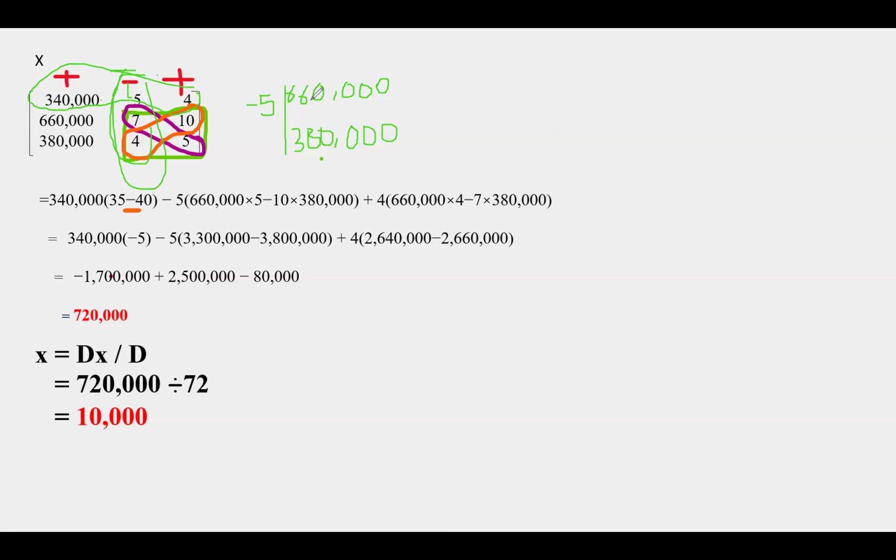So we have 660, 380,000, and 10 and 5 here, which we have here. Remember, it's major minus minor. Okay? So just clear all my drawings.